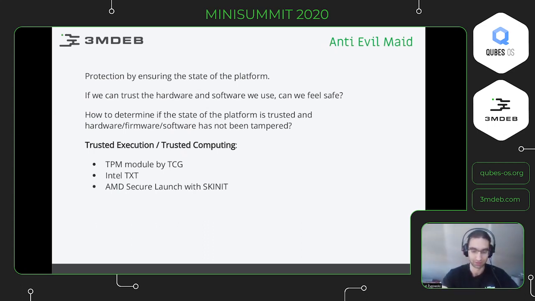Also, in recent years, the attacks were more focused on firmware, where the persistence of an attacker is much higher. So how to determine if the state of the platform is still trusted and the hardware, firmware, or our software has not been tampered with?